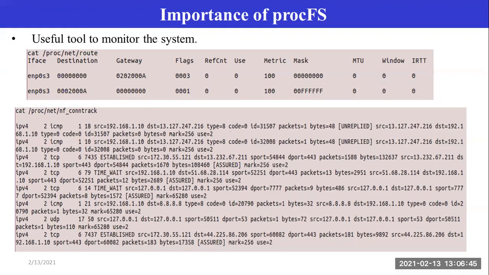But if there is a server running in your system on the same port, then your program's bind will fail. Here you can check that there is one entry using destination port 443. That means some program is listening on port 443, and that is why your bind is failing. Okay, got it.